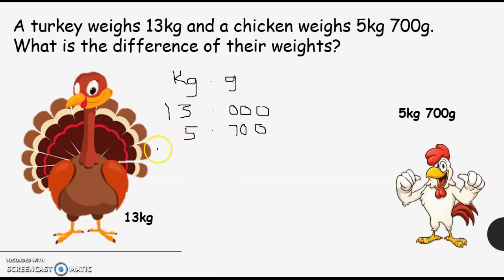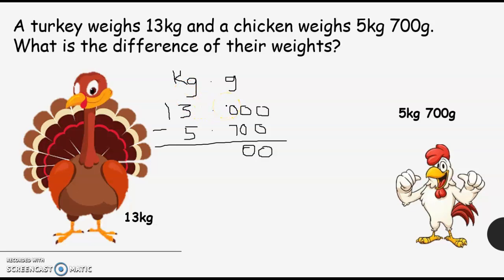Okay. Now I'm going to minus. What is the difference? Difference means minus. So we all know that we cannot take 0 from 0, so we're going to have 0 here. 0 minus 0 is going to give us 0. And of course, we can't take 7 from 0. So what do we do? We'll come over to the kilograms and borrow 1 kg.